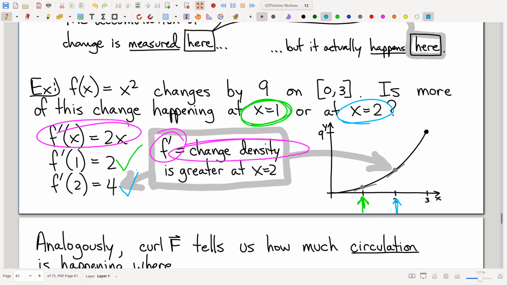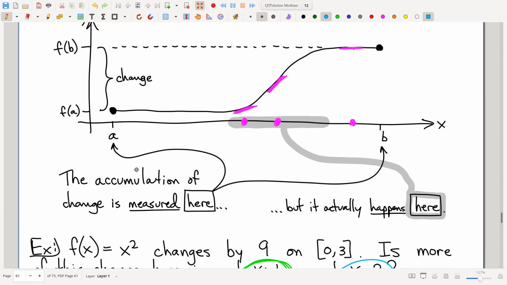The derivative is the change density. The derivative is telling me where the change is happening, so more change is happening at 2. Which, again, is perfectly obvious from the picture.